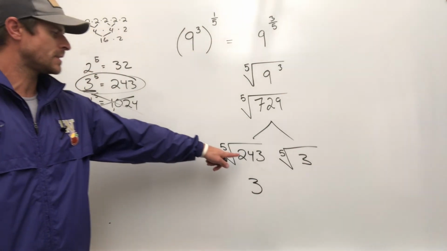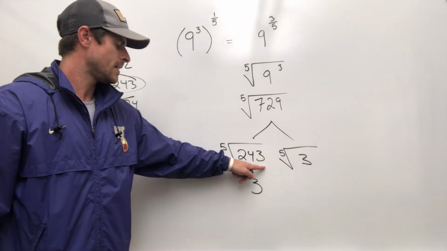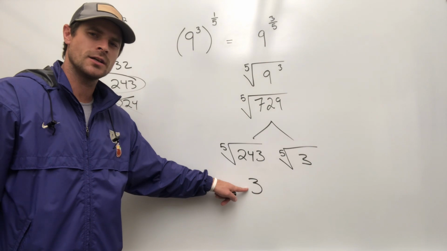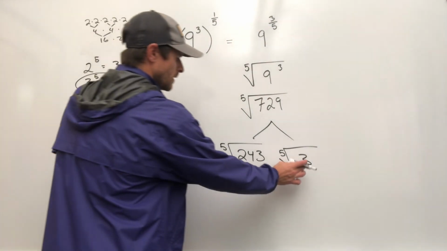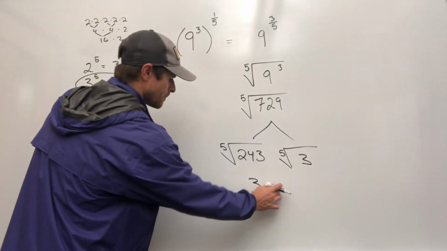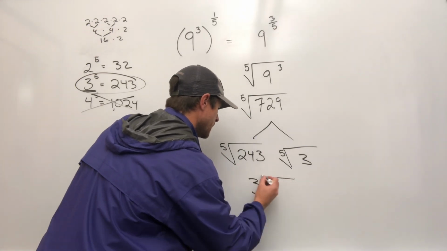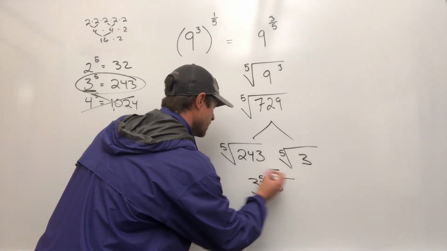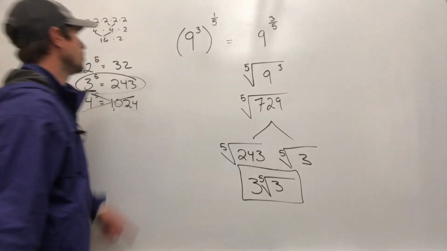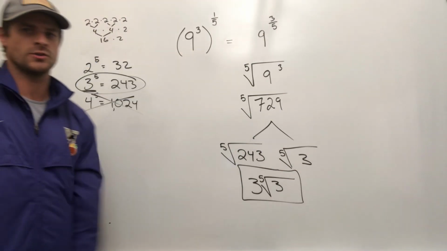So we are now able to take that right there and turn it into a nice, neat, good-looking 3. So all we got to do to finish this problem out is take this part here, bring it down. 3 fifth root 3 would be your final answer when simplifying from this fractional exponent.